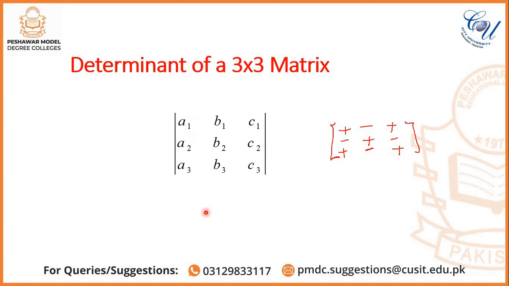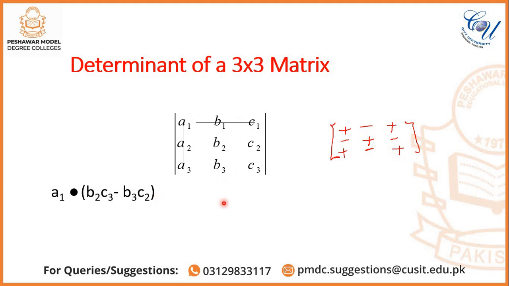So the signs will be positive, negative and positive. The first element will be a1. We will eliminate the row and column of this element, and we are left with the determinant of b2, c2, b3 and c3. Now taking the determinant, we will get b2 c3 minus b3 c2.